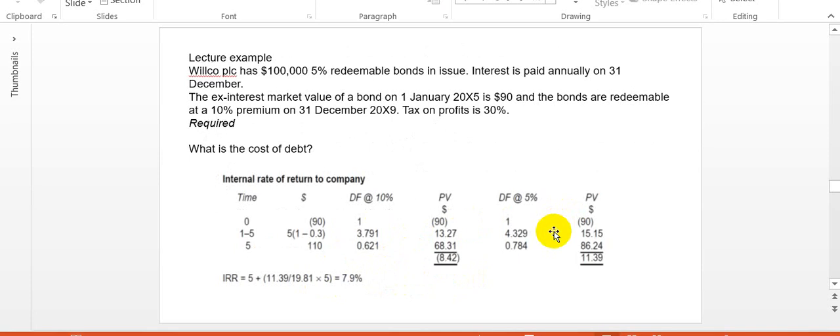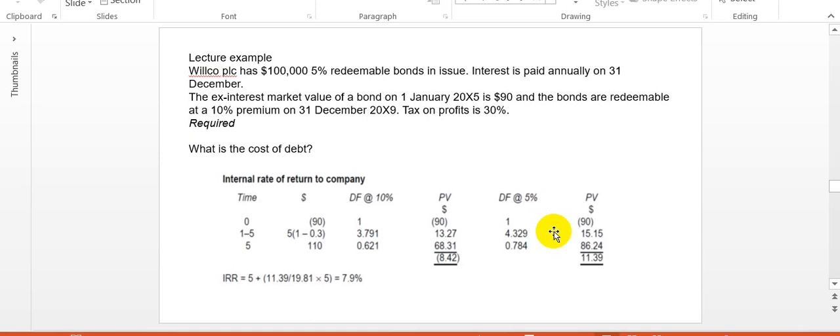So in this question, we've got WPLC, which has $100,000, 5% redeemable bonds in issue. Interest is paid annually on 31st December.